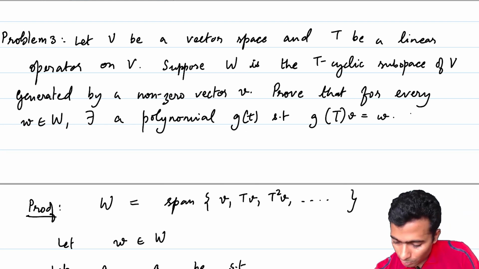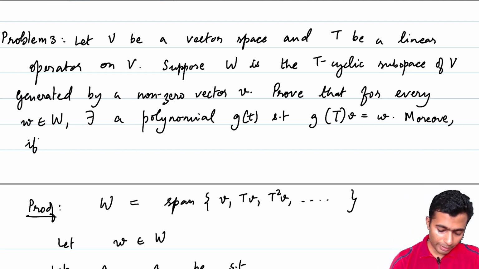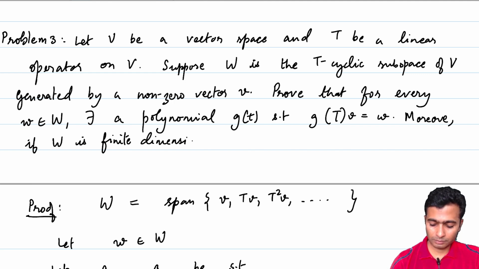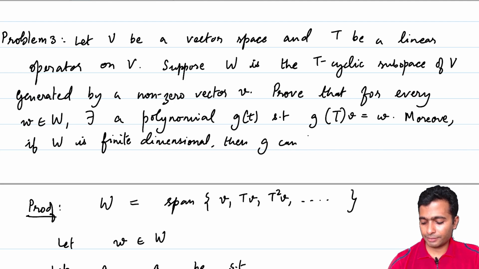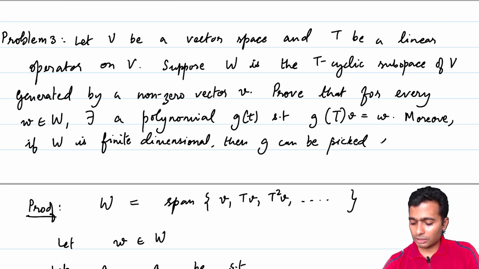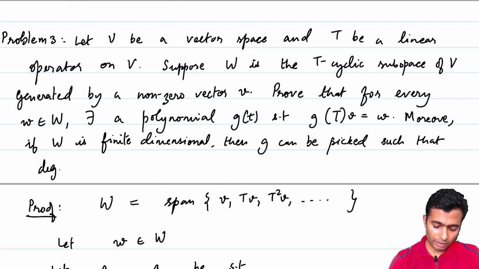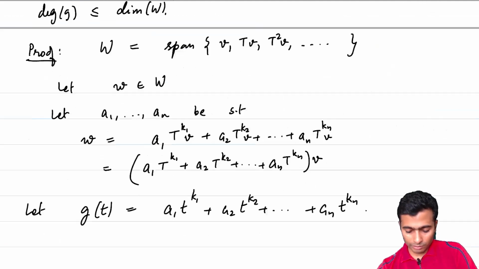So let me just add a small portion to this. Moreover, if W is finite dimensional, then g can be picked, and that's also actually visible from what we have just done, such that degree of g is less than or equal to the dimension of W. Okay, so let's see what this means.